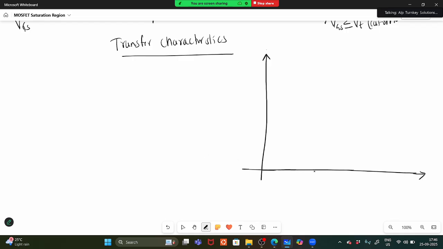Till VT there is no current, the channel is not forming. This is in which region? Cutoff region. This is VGS with respect to ID, so ID is 0 for the condition VGS less than VT. There is no channel formation, so it will be in the cutoff region only. There is no drain current.